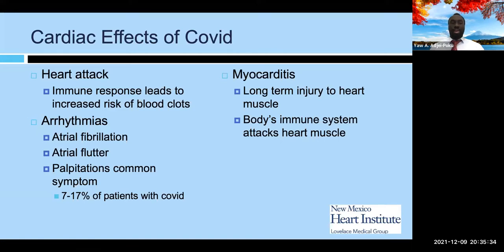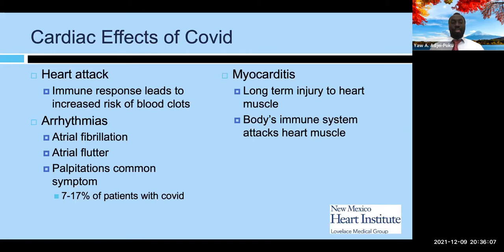So what happens when you have coronavirus is your body starts an immune response to coronavirus. And when your body initiates that immune response, the goal is for it to attack the virus. But unfortunately, sometimes the virus has certain proteins on the surface that mimic your own native cells. And the virus does this to basically go around your body and not be noticed by your immune system.